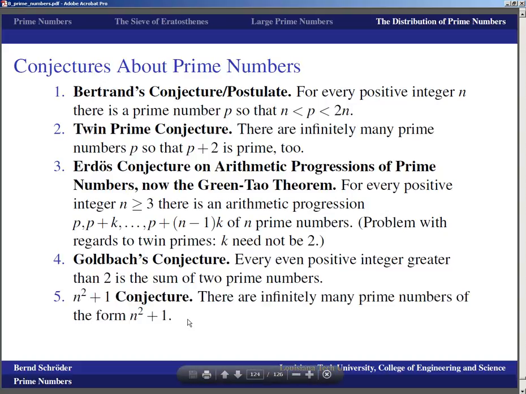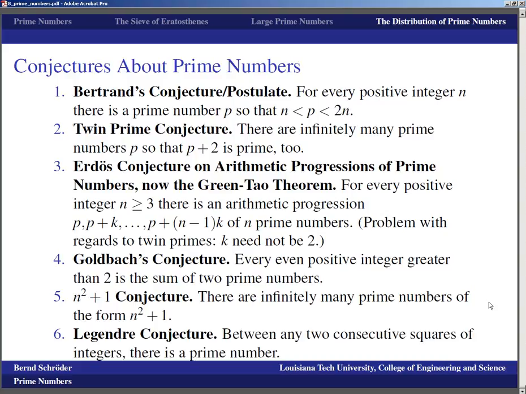There's the n squared plus 1 conjecture, which says that there are infinitely many prime numbers of the form n squared plus 1. So basically you run through the sequence of perfect squares and look at the next one, and the question is, are there infinitely many next ones that are primes or not? Nobody knows. And then there is the Legendre conjecture, that between any 2 consecutive squares of integers there is a prime number.